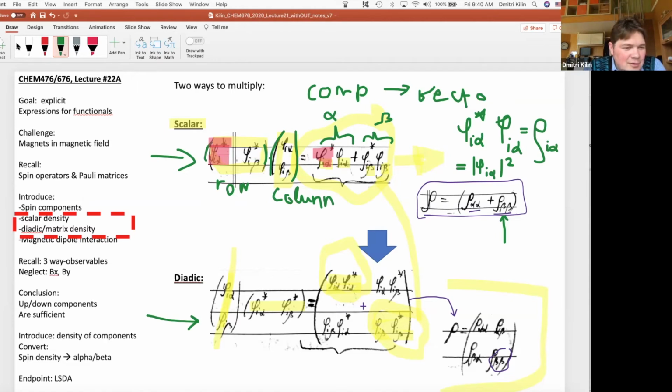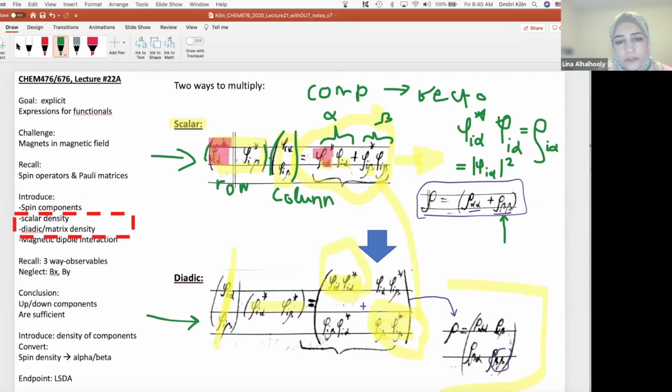So, Lina, would you like to save the situation and comment on this second equation? Comment on the multiplication process. Yes. As we have a column times a row, it will be a matrix of 2 by 2.